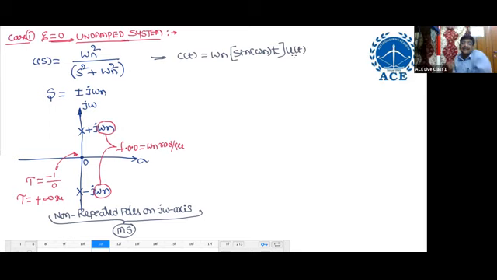Simply sinusoidal oscillations. Yes or no? Sinusoidal oscillations. So draw the response. This is C of t. This is t.